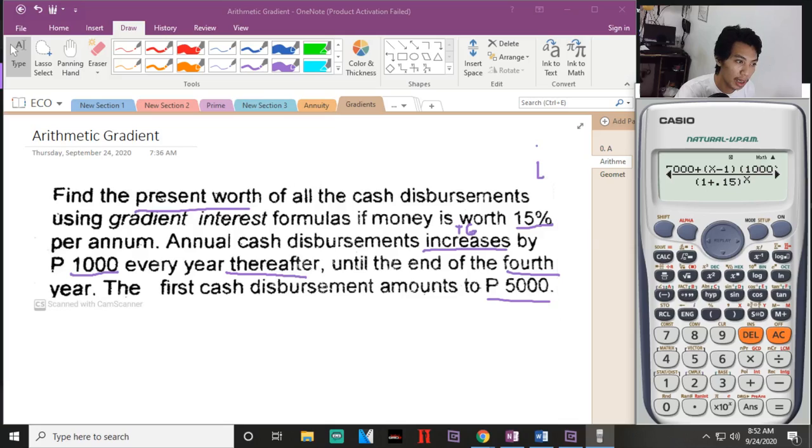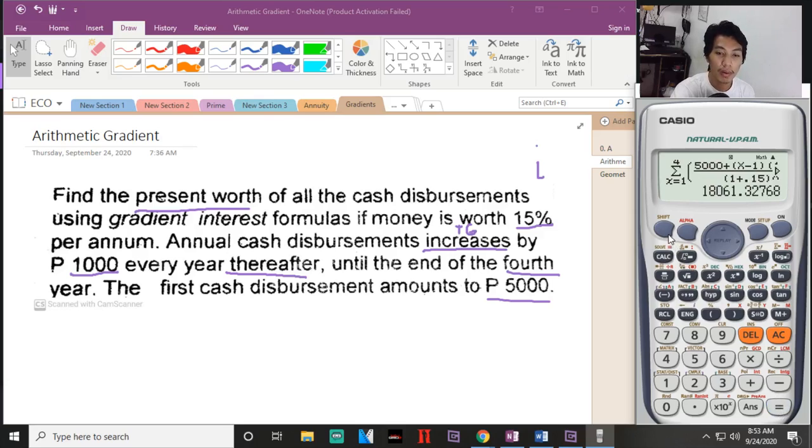Now, the money is worth 15% per annum. So, that is the actual interest rate. And then, the disbursements or the gradient increases by 1,000 per year. So, that is ascending. And as is, you can solve now for the value of your present worth.